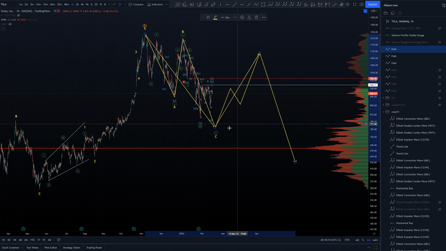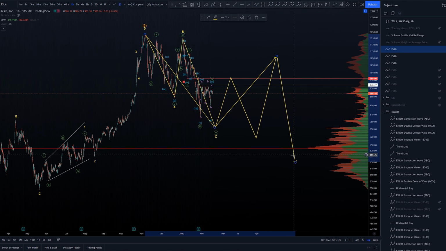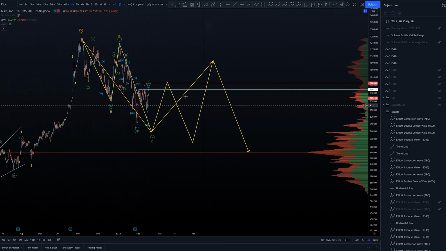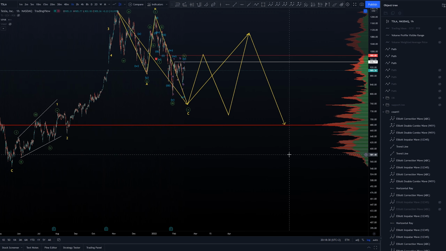Depending on how this turns out, if it's a 3-wave move, ABC, again, it's a corrective pattern, and this might be another target for that.